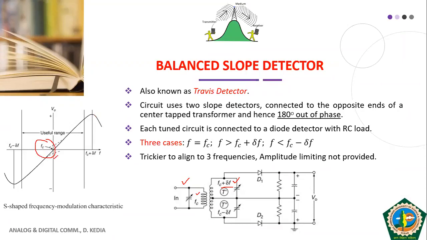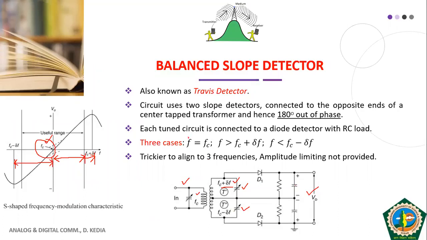The gap from the incoming frequency FC to the tuned frequency of the upper circuit is the same as the gap of the incoming signal frequency from the other portion, FC minus delta F. In other words, your incoming signal frequency FC has the same gap from FC plus delta F and FC minus delta F. That means the upper tuned circuit and lower tuned circuit will give exactly the same output, and that will be subtracted, and obviously the output in that case will be 0.